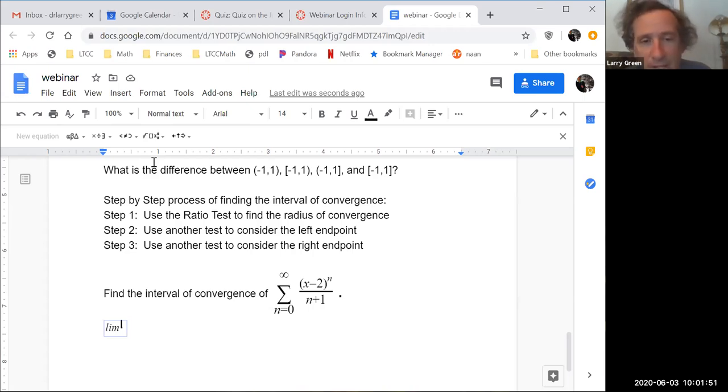So what we're going to do is (x minus 2) to the n plus 1 over (x minus 2) to the n. Hopefully you're okay with this, I'm going to do two steps at once. And then n plus 1 over n plus 2.